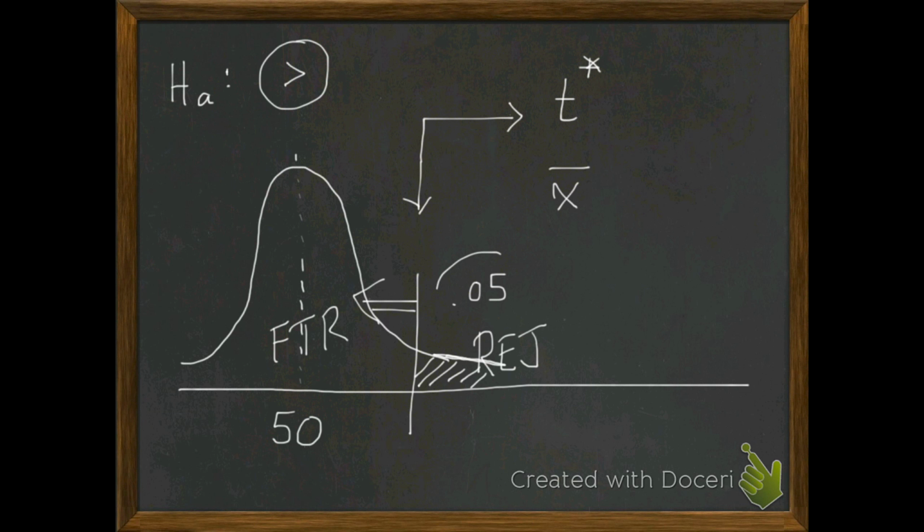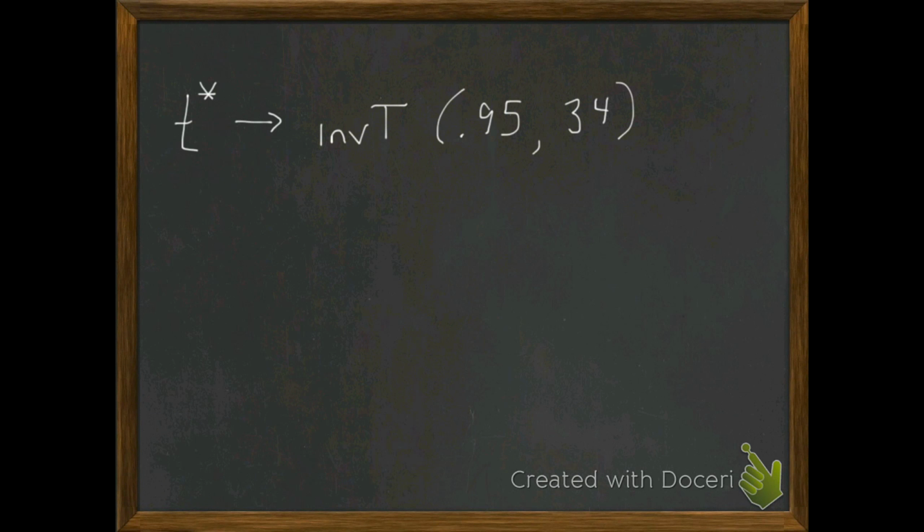Well, I know if 5% of my region is in the reject region, then I've got 95% that's missing. That 95% clearly has to be below. So when I put this in my calculator, I get 1.69. And actually it goes on out.